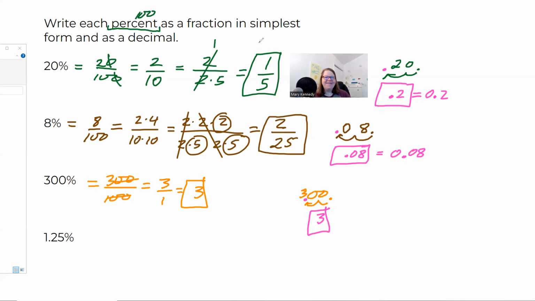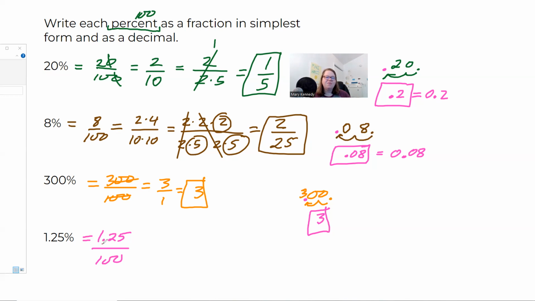Okay, let's keep going. Last one, let's go with this color. So 1.25 out of 100. Remember, that's as a percent. Okay, and so when you are simplifying here, you need numbers that are not decimals in a fraction. Like that's just kind of crazy.